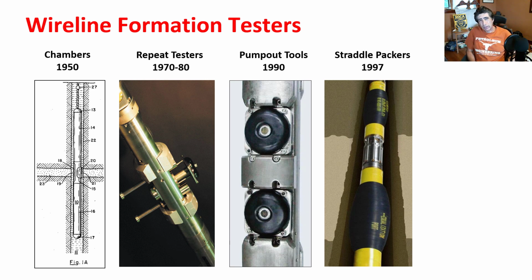Now, let's move to another interesting subject, which is wireline formation testers. I just want to say that wireline formation testers are also widely used in carbonates to assess flow properties. And they come in many types of possibilities, depending on the particular properties of the formation.